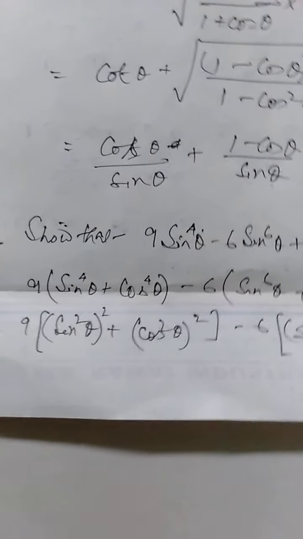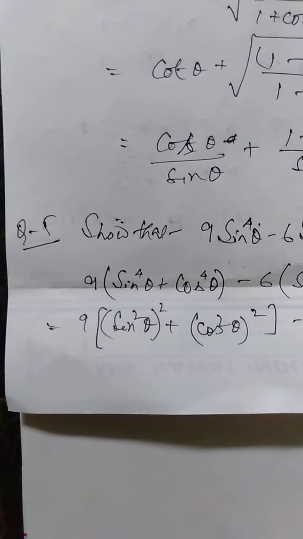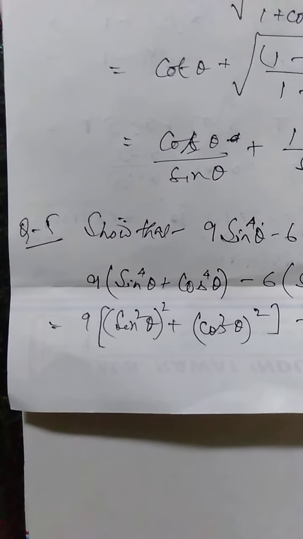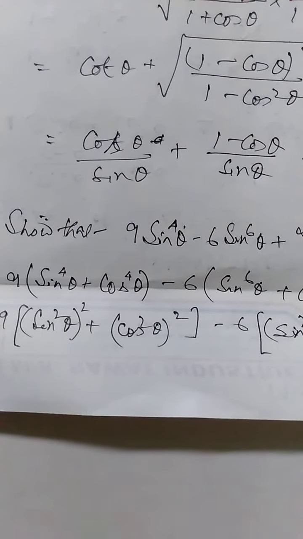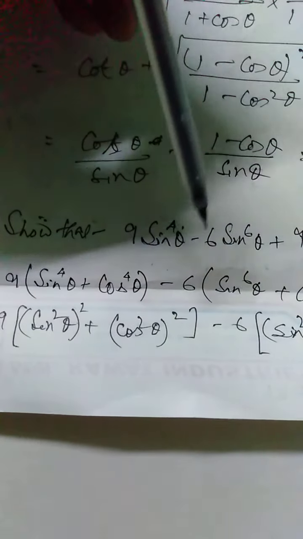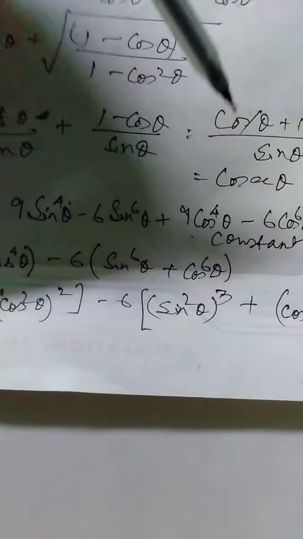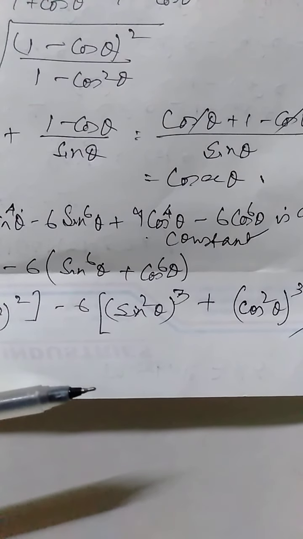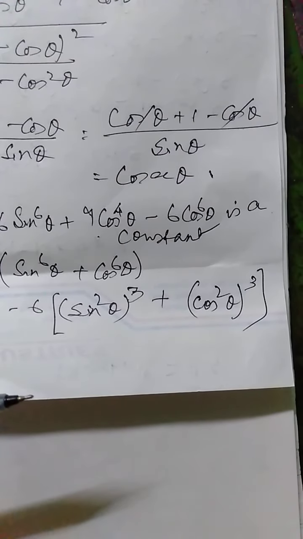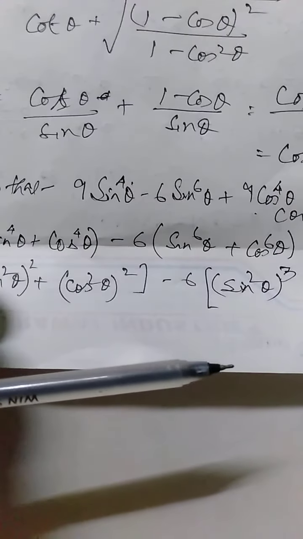See, what is question number 5 here? Prove that 9 sin^4 theta minus 6 sin^6 theta plus 9 cos^4 theta minus 6 cos^6 theta is a constant. This we have to prove.